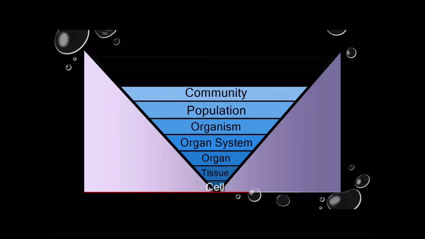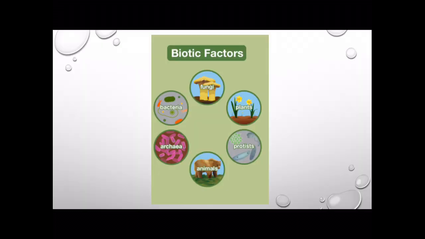When those populations live with other living organisms, they form a community. Now, in the community, we are only talking about the other living organisms, what's known as biotic or living factors. So the other things that are living with my emu, there may be bacteria or archaea, other animals, other plants, fungi or protists. For example, let's take a look at the biotic factors that make up the community for my emu.